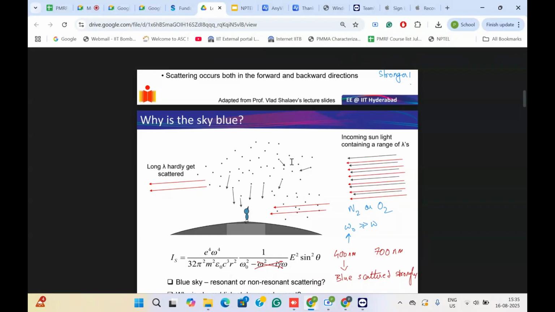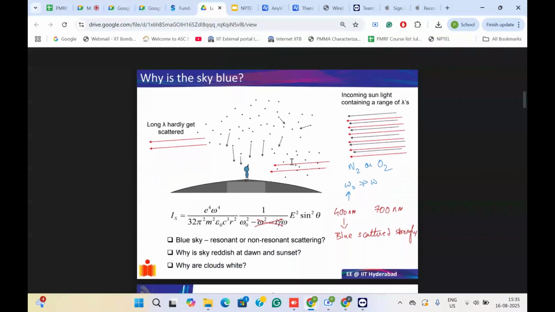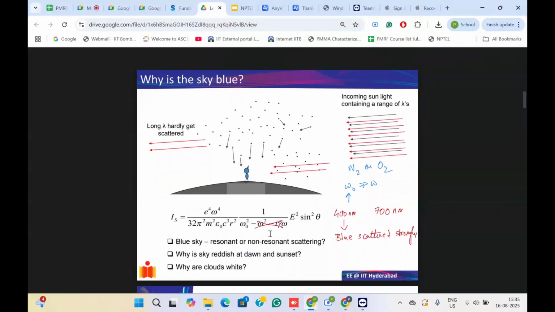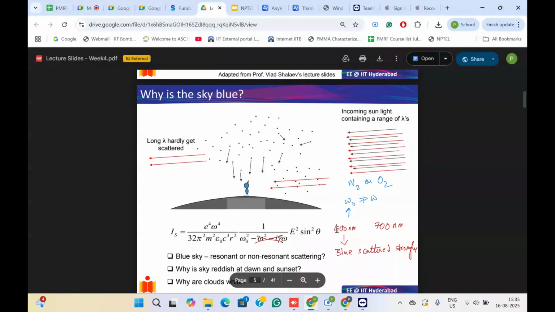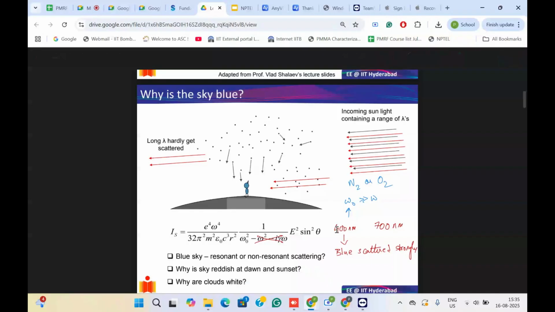So it will not be a resonant phenomenon, but a broadband response. That factor gets cancelled, so the scattering is directly proportional to omega to the power 4. Hence higher frequency means blue light has a lower wavelength, around 400 nanometer, and higher frequency. So the more scattered light will be blue, and we see that the sky is blue.